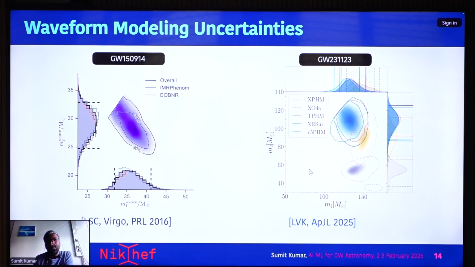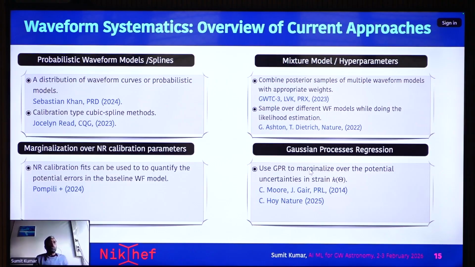And we know that we have to account for systematics now, or we have to design our pipeline in such a way that the waveform systematics are accounted for. So it's a quick overview of the current approaches to waveform systematics.